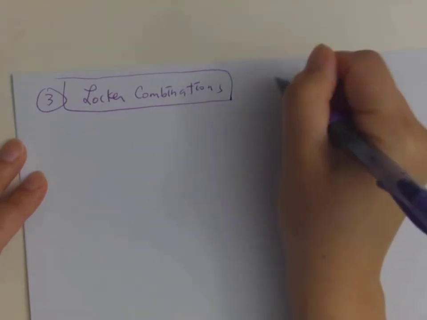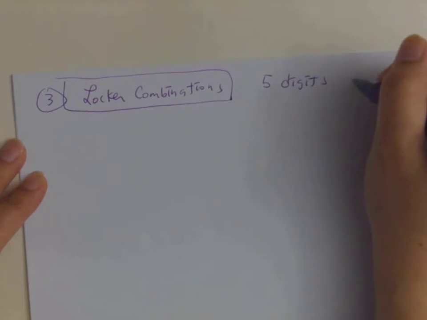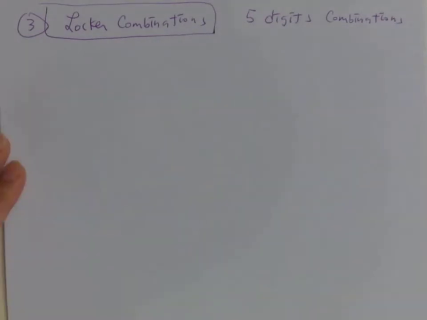Okay, so this is going to be a 5-digit combination. Okay, and then what are the choices?